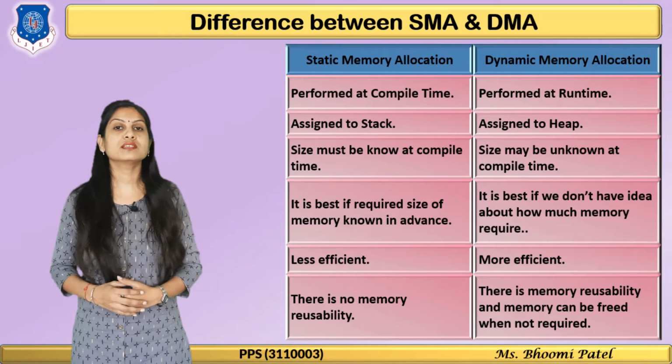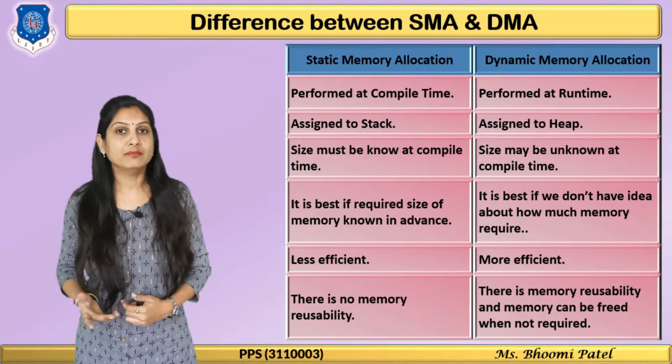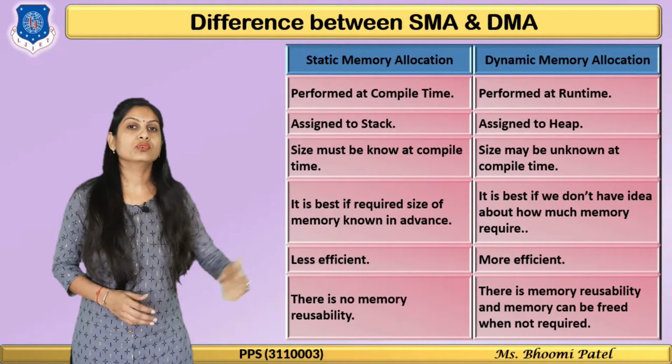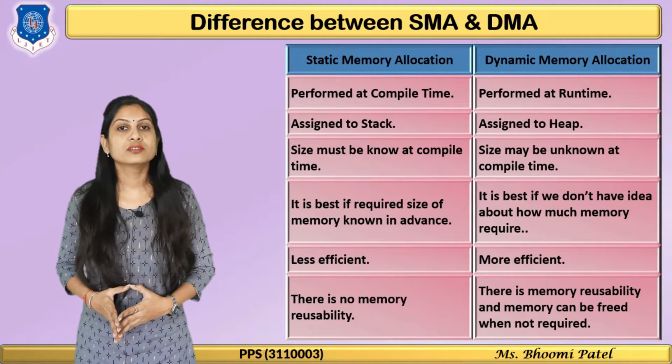Now the third difference is what? When I know in advance the size of elements, then we can use the static concept. Otherwise we have to use the dynamic concept when the memory size is not known.